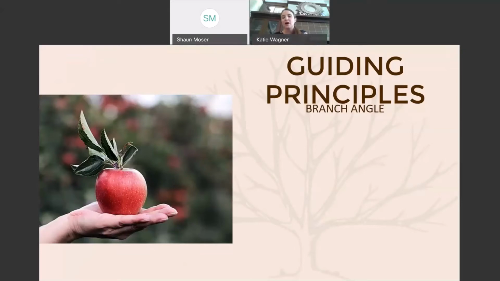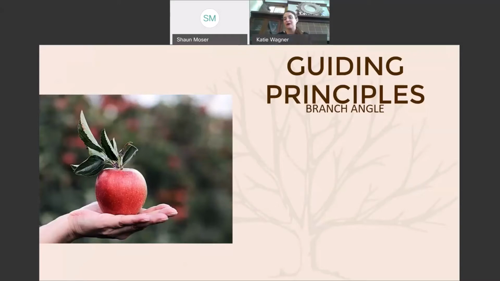On the flip side, if you have a branch that is angled horizontally, it tends to be productive, so it bears fruit, but it doesn't tend to be vegetative. It doesn't really have too many leaves. So there's this happy medium where we need both, right?